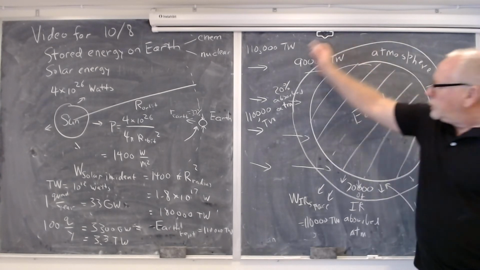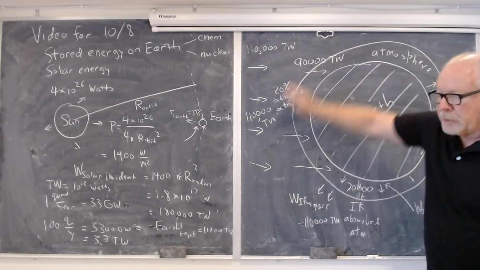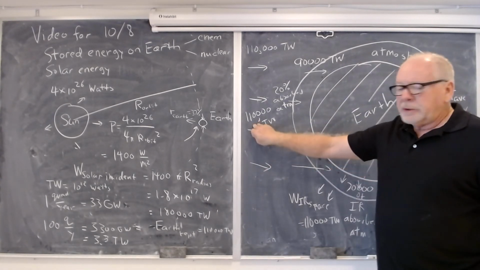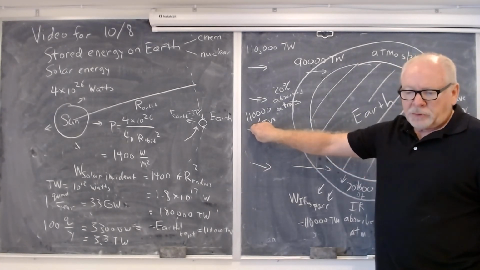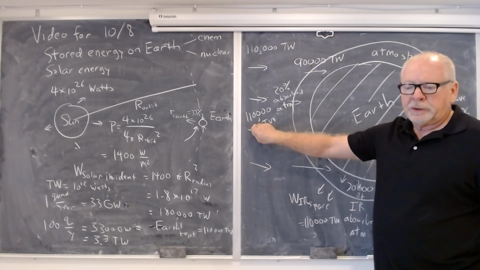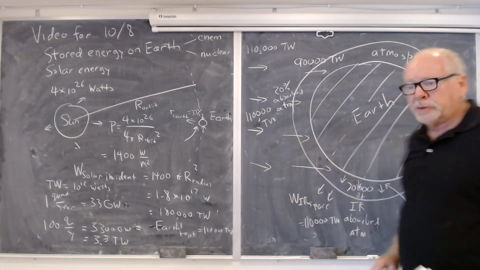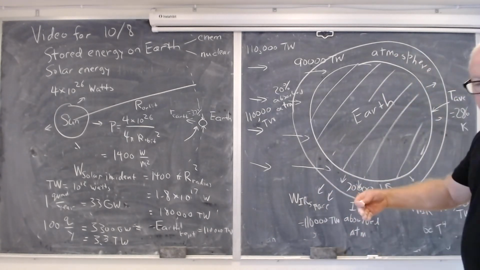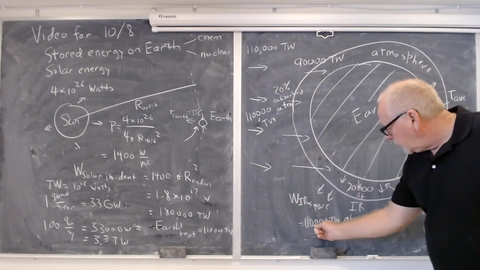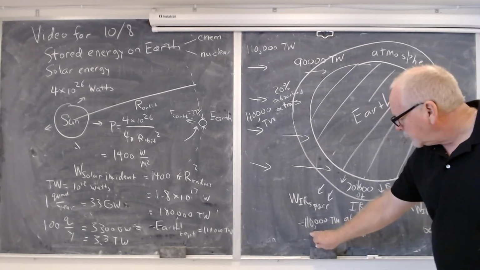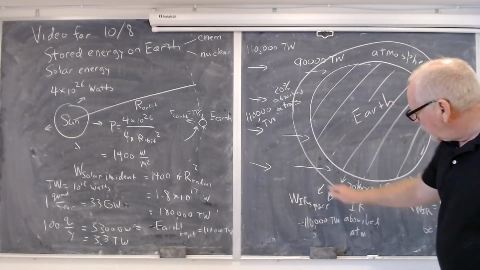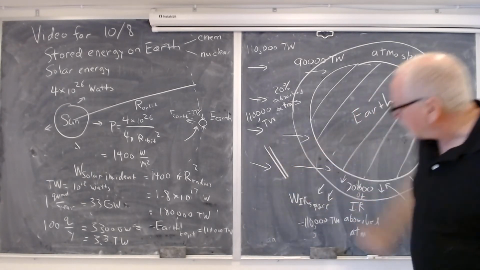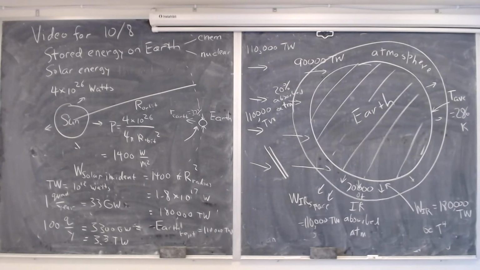So if you did an envelope around the Earth outside of the atmosphere, there would be 110,000 terawatts of solar power continuously incident upon our planet, mainly in the visible, okay, but it doesn't matter, that's the amount of power it is. And the Earth, if you look with an IR camera, would be emitting, if you looked out in space here, 110,000, and so those equal each other, and the planet is in balance.